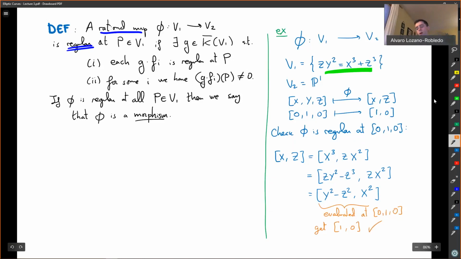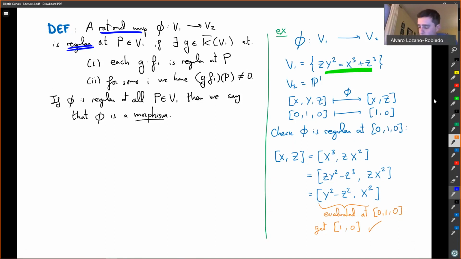Okay, so that works. There is a value now for 0, 1, 0, where before it was undefined, and it matches the way I defined it myself at that point. So we say that the phi map is regular. Very good.